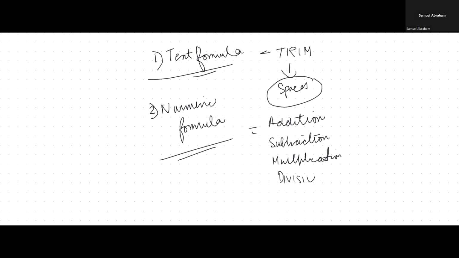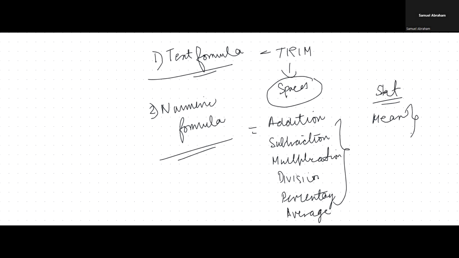We have percentage, then we have some statistical formulas, that is mean. Here we can also add average. So these are the basics that we are going to see, and on that basis we are going to do one project so that it helps us all to understand it better. So I'll be going now to the Excel sheet. So yeah, please look at it carefully.